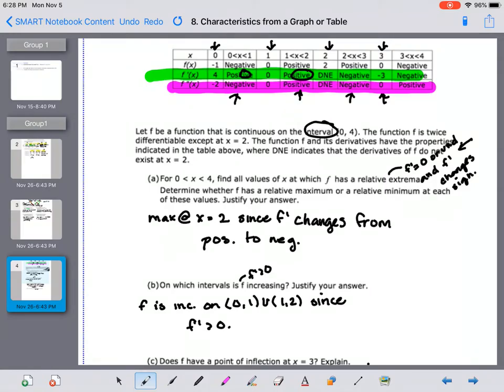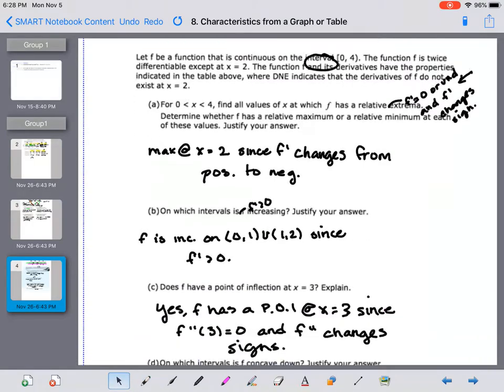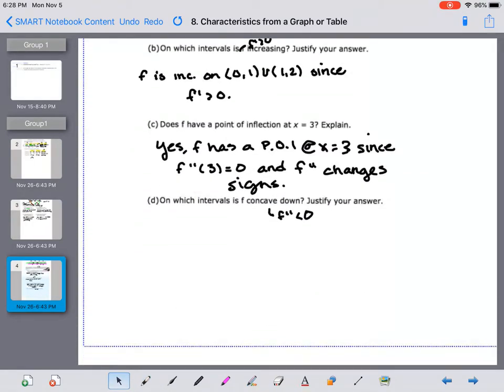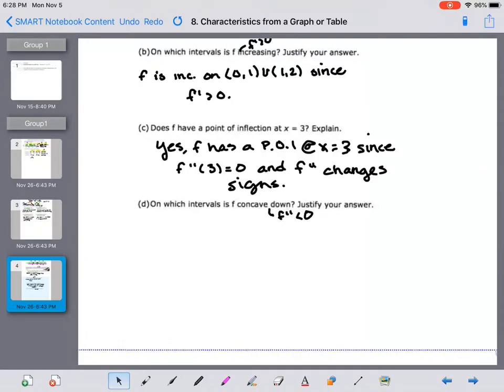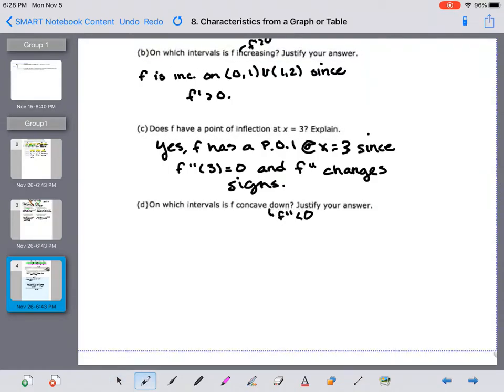So there's two intervals, from 0 to 1 and 2 to 3. So I'm going to put those on here. So I would say, concave down on intervals 0 to 1, union 2 to 3. And I know that since f double prime is less than 0.